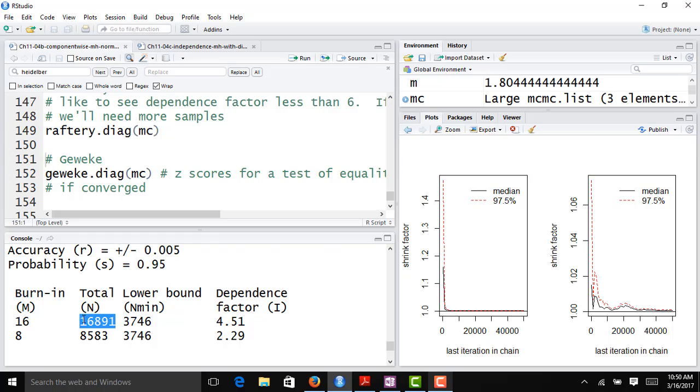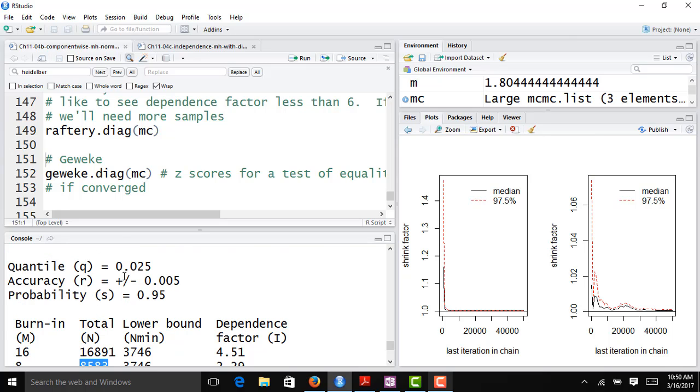We have 50,000 iterations in each chain, so we have in fact met this criterion for the Raftery-Lewis diagnostic, and we actually need fewer iterations for the sigma squared parameter, and so we have more than enough iterations in our chains to estimate this quantile with the desired level of accuracy.